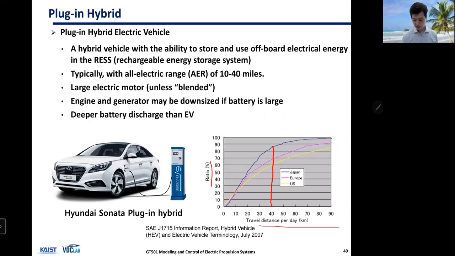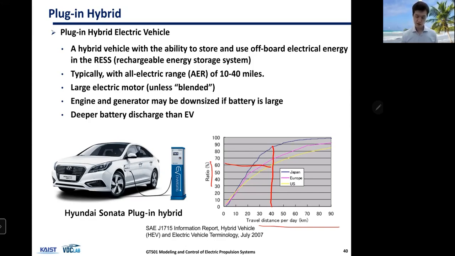And if you look at the United States, a larger country where people tend to travel longer distances, 60% of the population travels less than 40 kilometers per day.